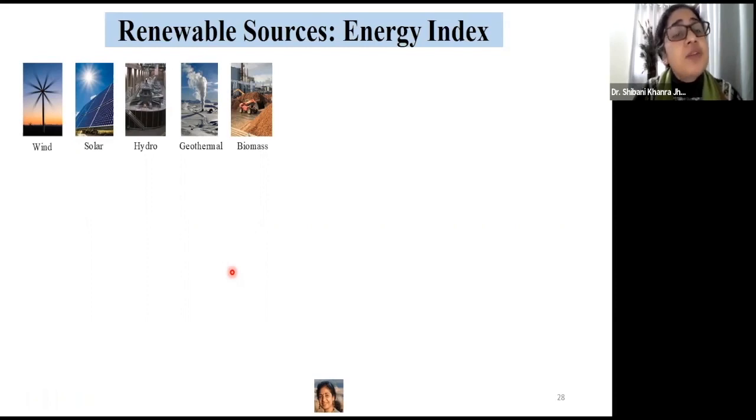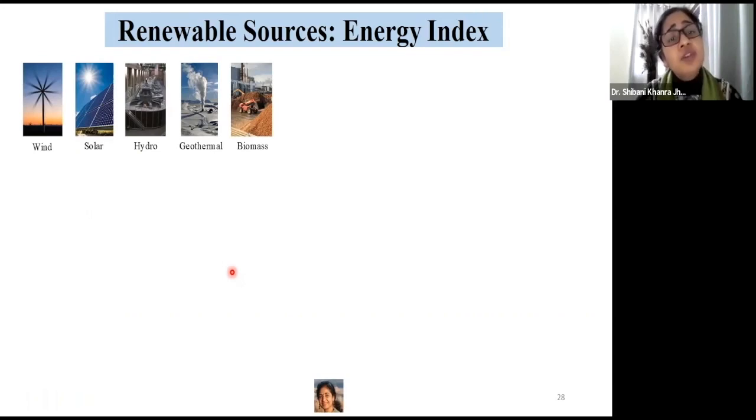As we understand, wind, solar, and hydro sources are very much dependent on fluctuating sources. When we generate electricity from wind, the direction and speed are uncertain and not fixed over 24 hours. So it is a fluctuating source. Similarly, solar varies between daytime and seasons, and that will not give us a sustainable source for generating electricity, whereas in India we are very much dependent on grid-based electricity and we need a sustainable source for that.